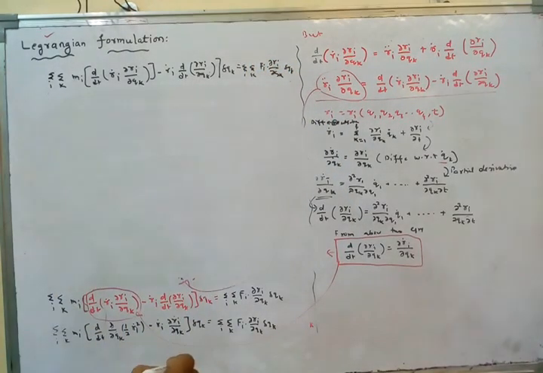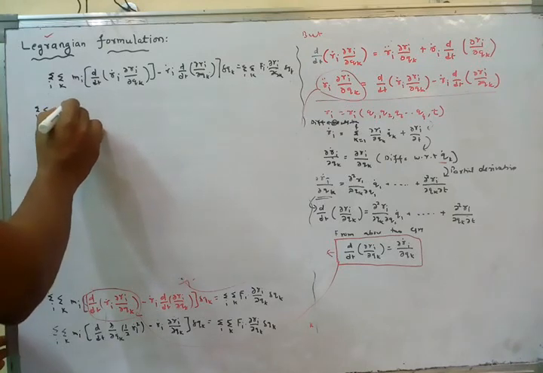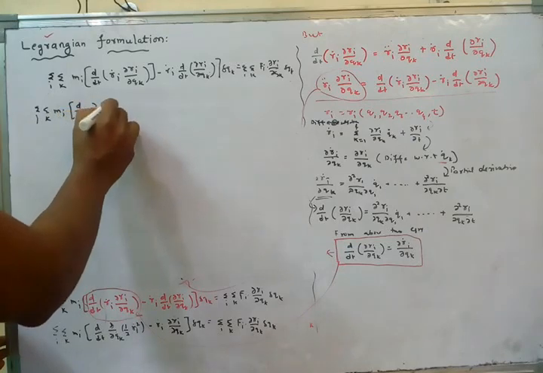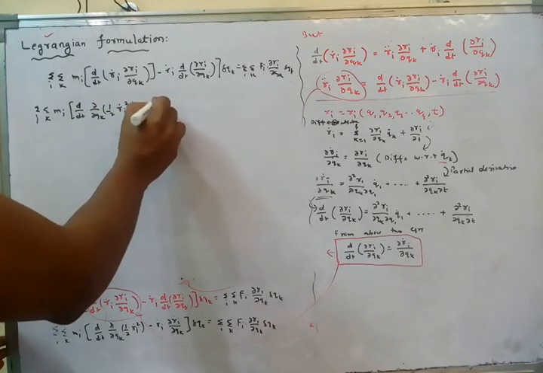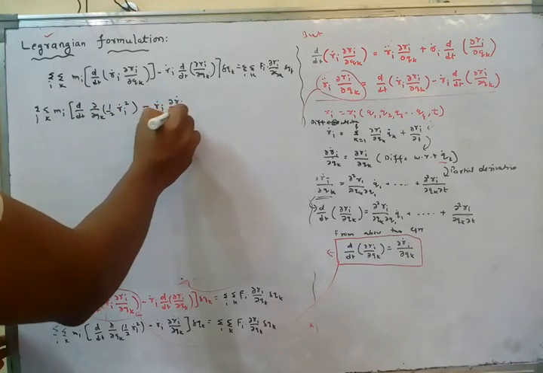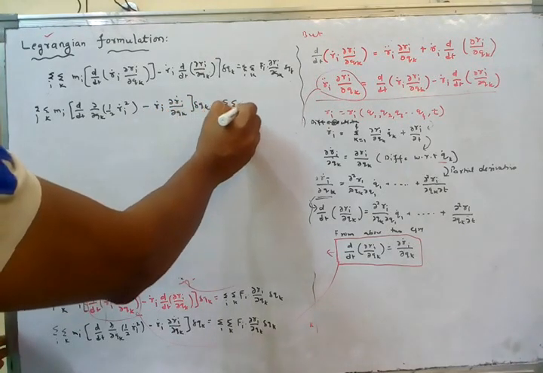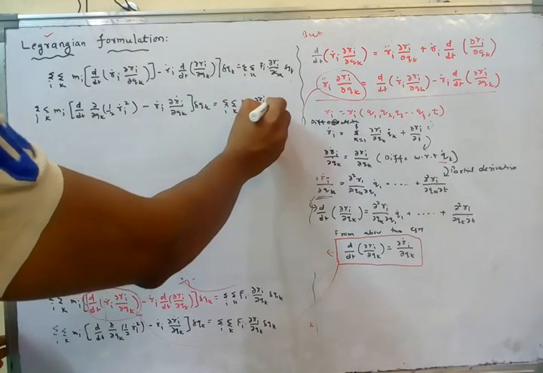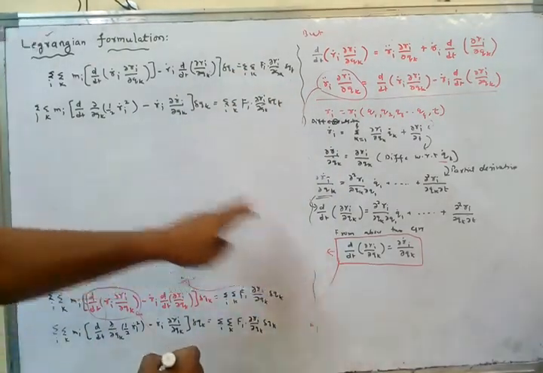Substituting this, we get sigma k mi [d by dt of dou by dou qk dot of (Ri dot squared) minus Ri dot dou Ri dot by dou qk] delta qk equals sigma k Fi dou Ri by dou qk delta qk. After substituting, we got this equation.